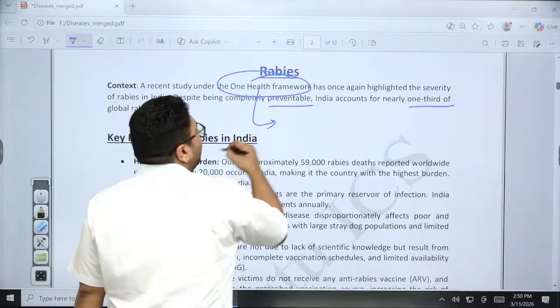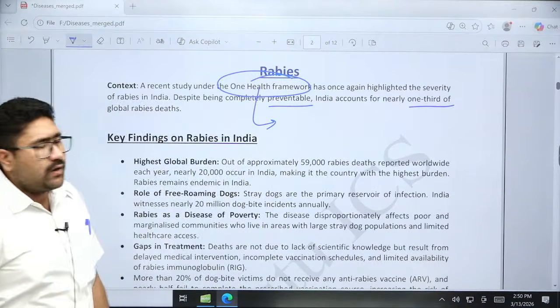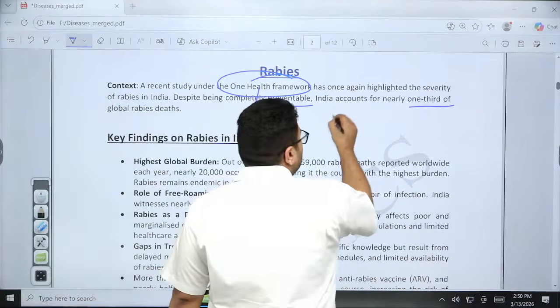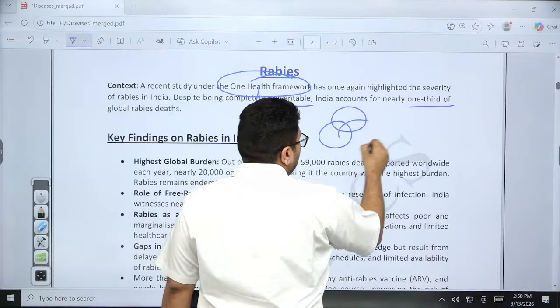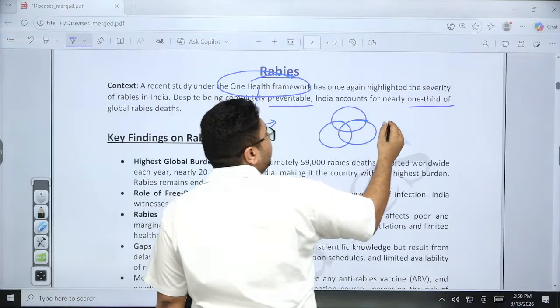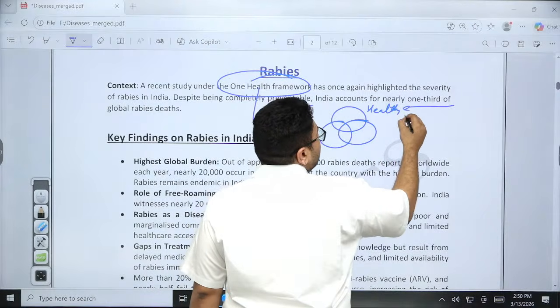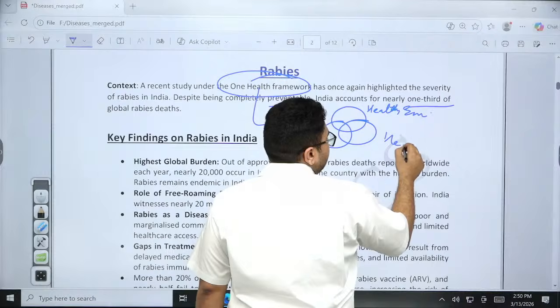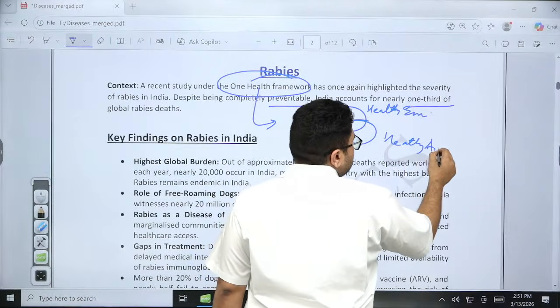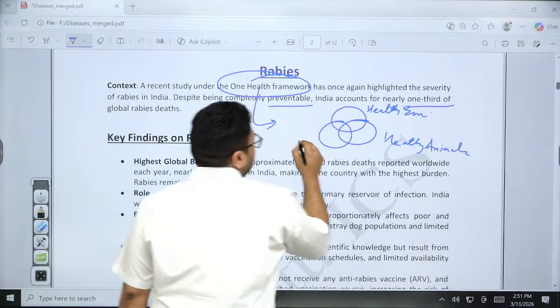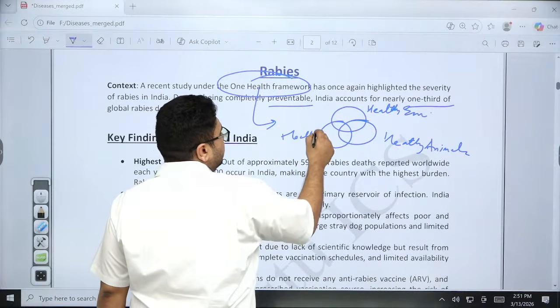Before we move ahead, the One Health framework becomes important. What is the One Health framework? It says there should be a healthy environment, healthy animals and healthy humans.